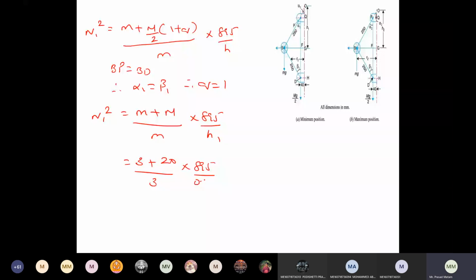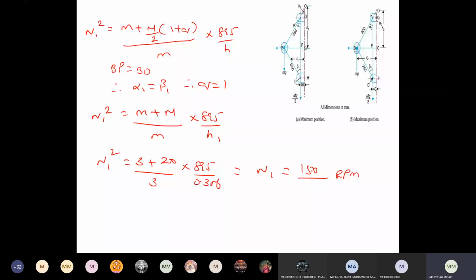So from this, get the N1 value. First, time is up. Right, 150 RPM, 149.7. Who replied this? Roll number 6. 150 RPM. 149.6. Okay, round it up to 150 RPM.